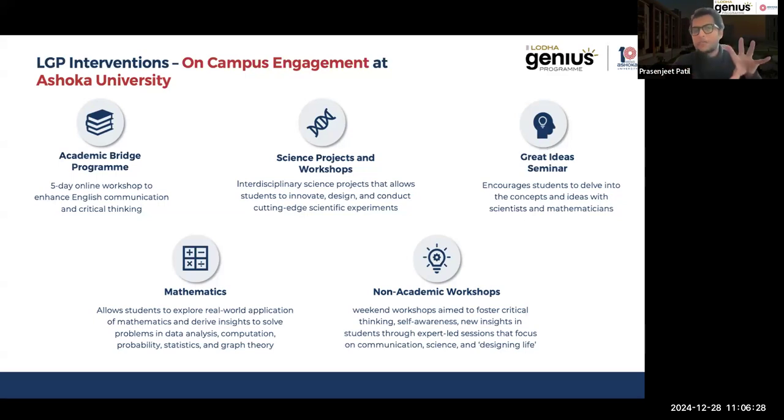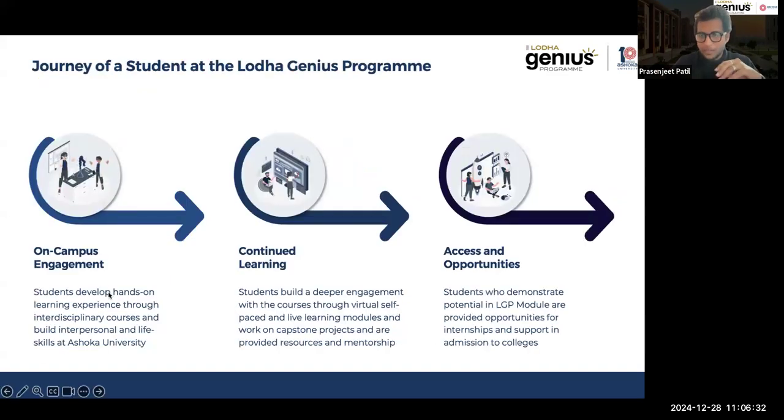So this is the essence of what happens during the on-campus engagement, the first aspect of it. The second aspect is the continued learning, which will happen roughly in the months of July to December, which will be a mix of learning and development modules, which are online classes or self-paced courses. Of course, you can choose and pick whichever course you would wish to attend.